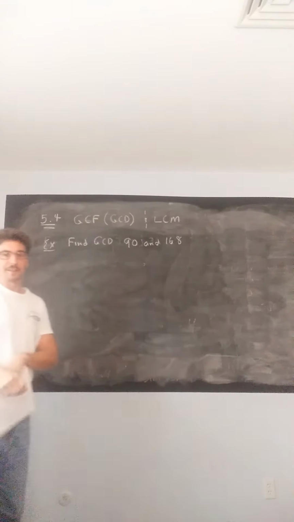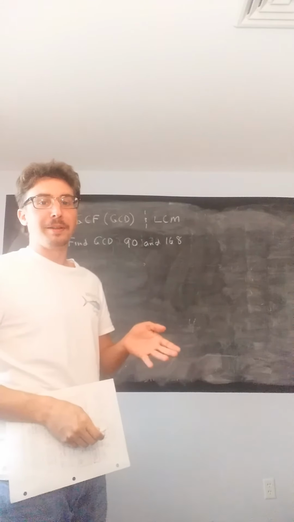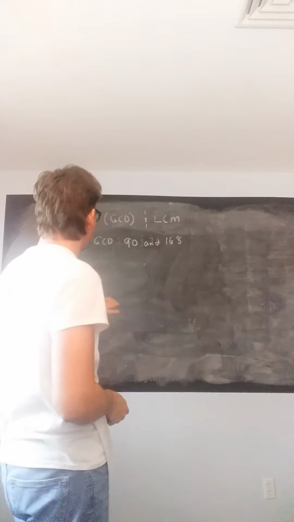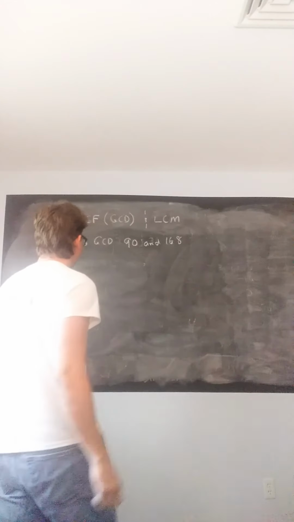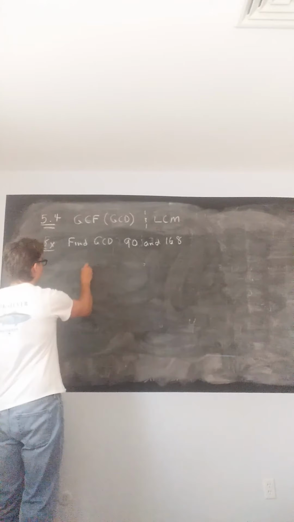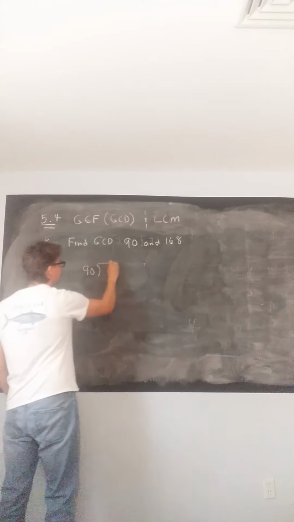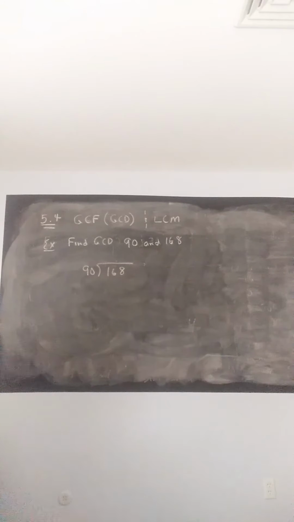So again, when you look at numbers like this, 90 and 168, it might not be as readily apparent in your mind what the greatest common divisor is compared to two smaller numbers. So we'll go ahead, we'll do the same process. We'll put 90 on the outside of the division sign and 168 on the inside. Okay, so you should have that.